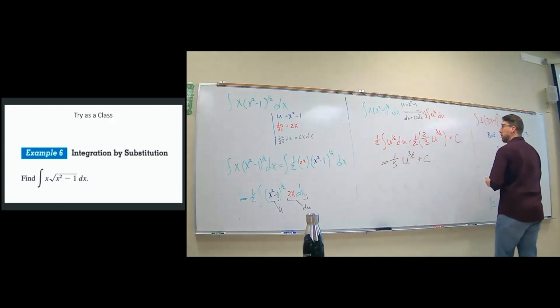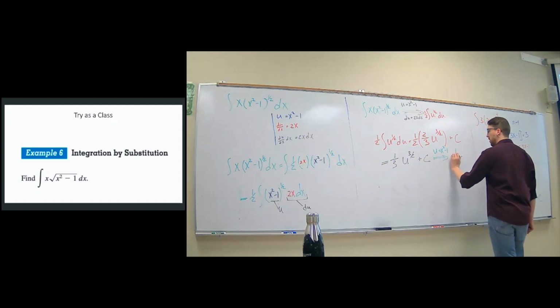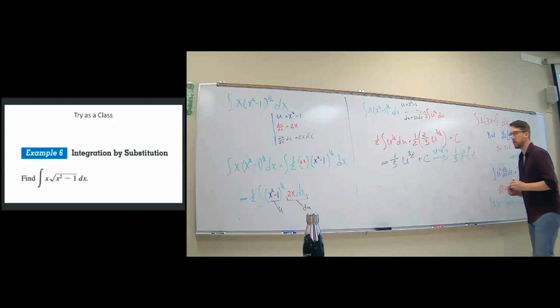And when we substitute back in, u is equal to x squared minus 1, we get 1/3 the quantity x squared minus 1 raised to the 3/2 plus a constant.